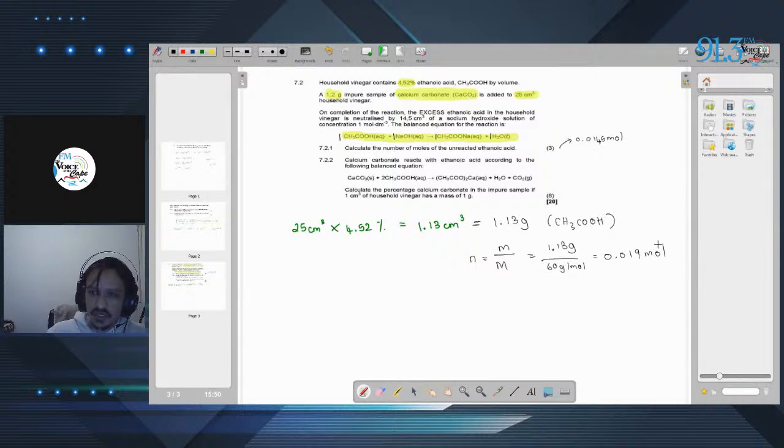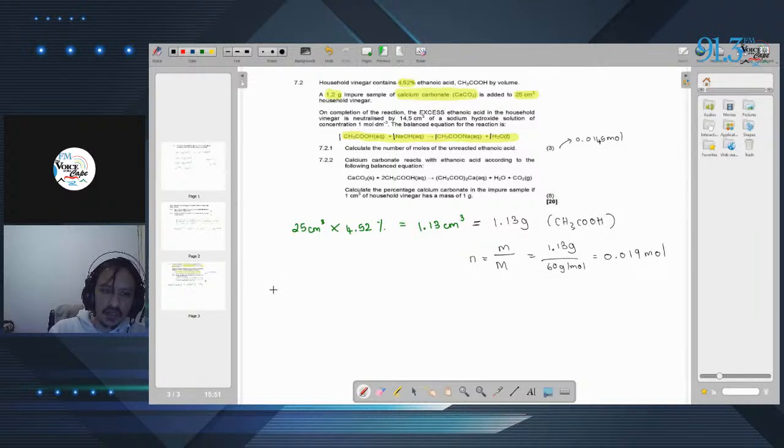So this is the total that we had, and this was the unreacted, right? So this value that we have here was the amount that reacted with the sodium hydroxide, which was the unreacted amount. So we just take this value and we subtract it from this, and then we know what actually reacted with the calcium carbonate.